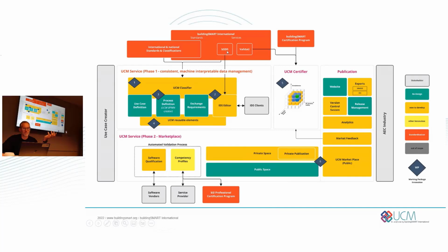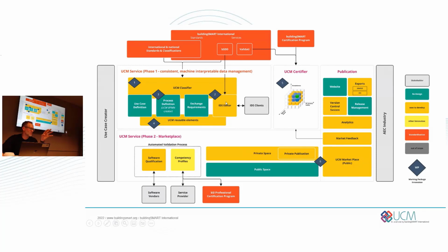So what we're building at the moment is this link into the use case management so that you can pull the BSDD classifications, and for this we then need a full IDS editor. I'm not saying full, but a light IDS editor, where you can actually edit the IDS.